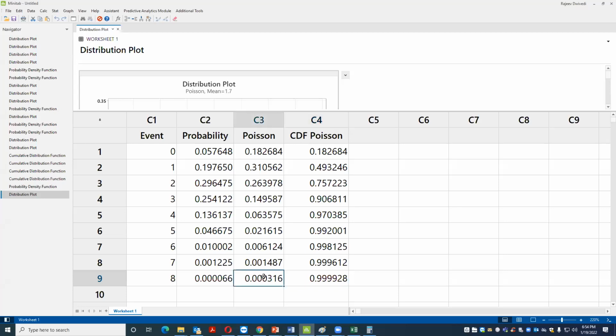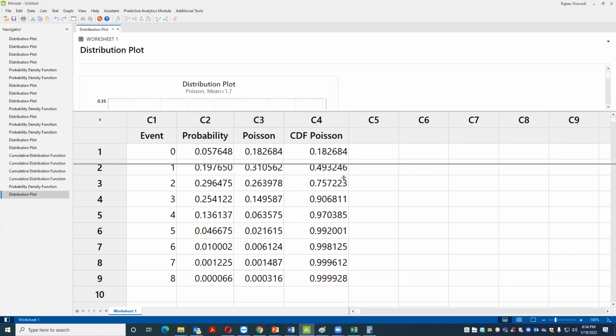This you can see is Poisson for lambda equal to 1.7. Now the same principle applies that we did in binomial: more than, less than, equal to, what is expected. It is PDF or CDF.